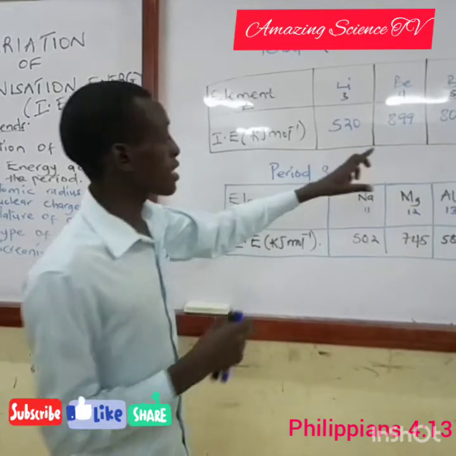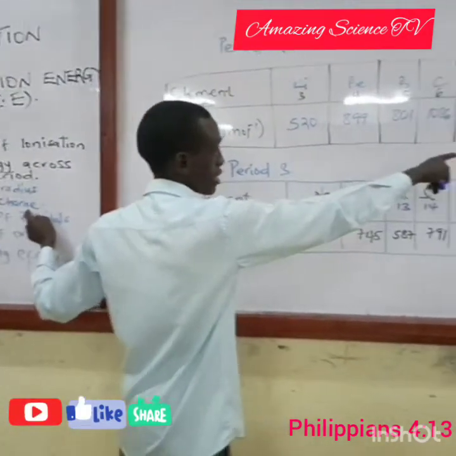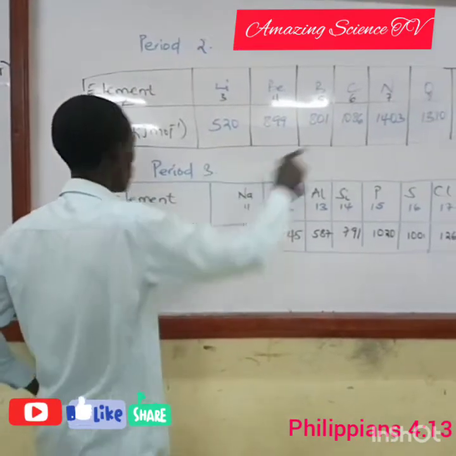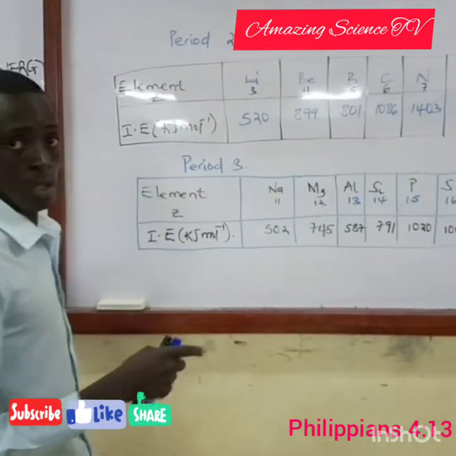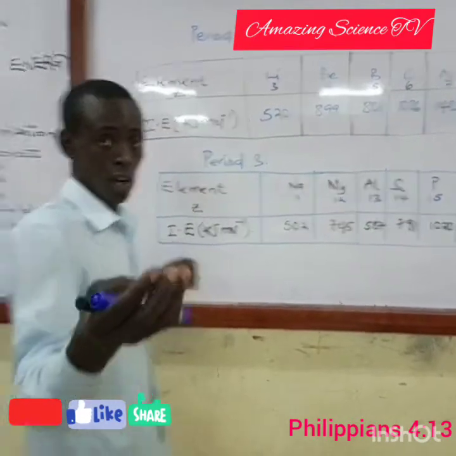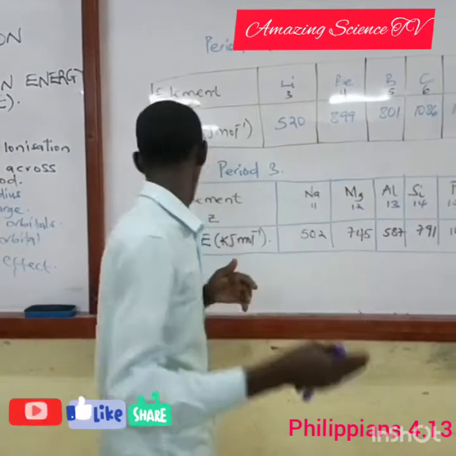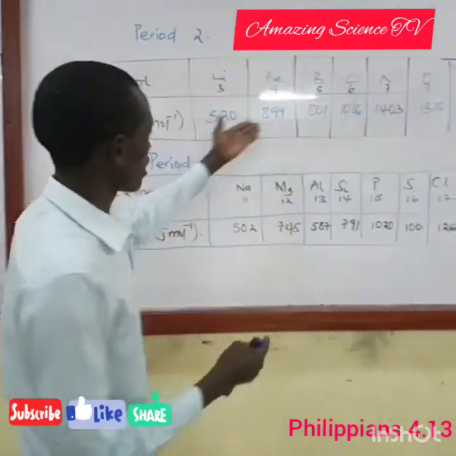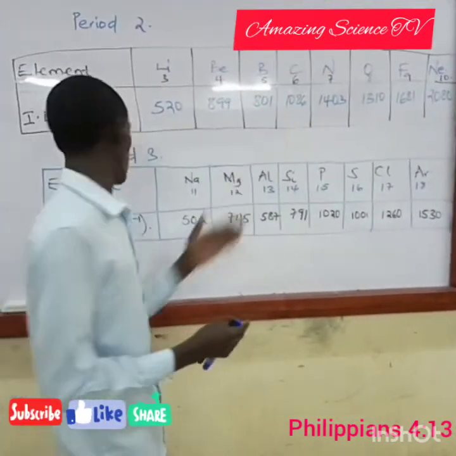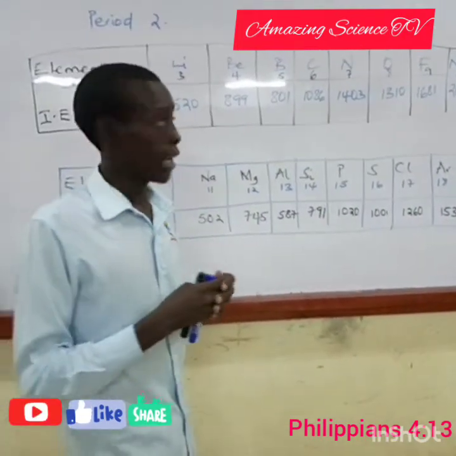Across the period, screening effect goes on decreasing. Screening effect, as we talked about, is the repulsion force of the inner electrons against those in the outer shell. Why does it decrease?